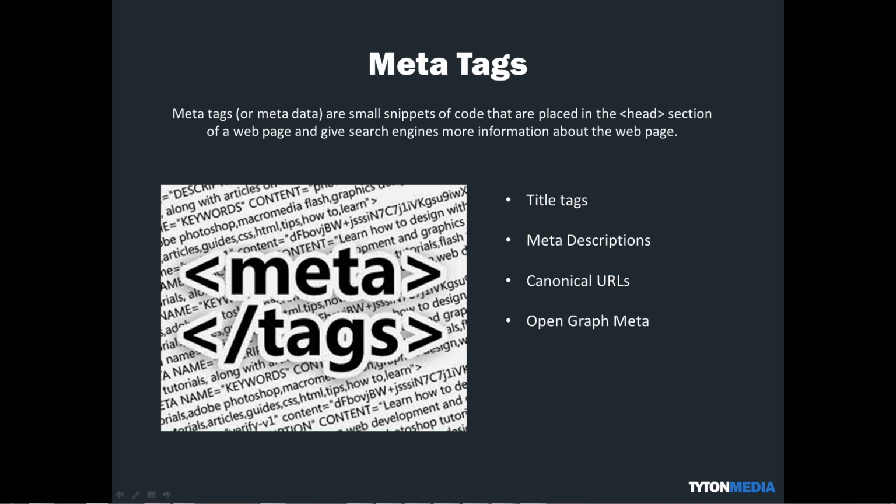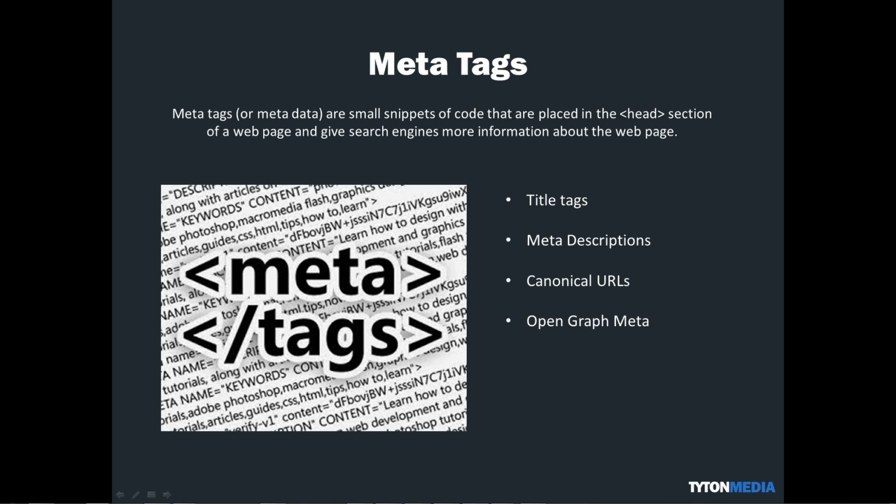So, meta tags. Meta tags are little snippets of code that you put in the head section of the HTML of your web page, and they pretty much tell Google what your site's about.